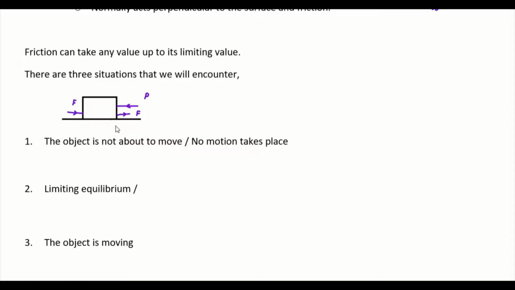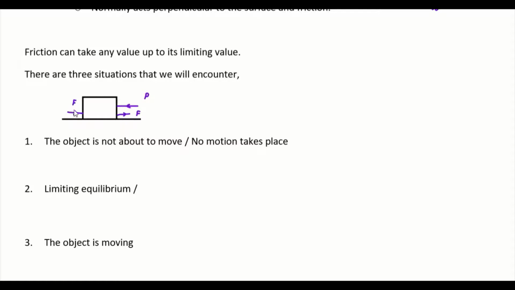So normally when we draw the force diagram, we will draw this more than this. But when you calculate your force, if you draw it here, it wouldn't produce any problem either. It will be the same thing, because when you resolve it, this will be your left-hand side and your right-hand side is the same.